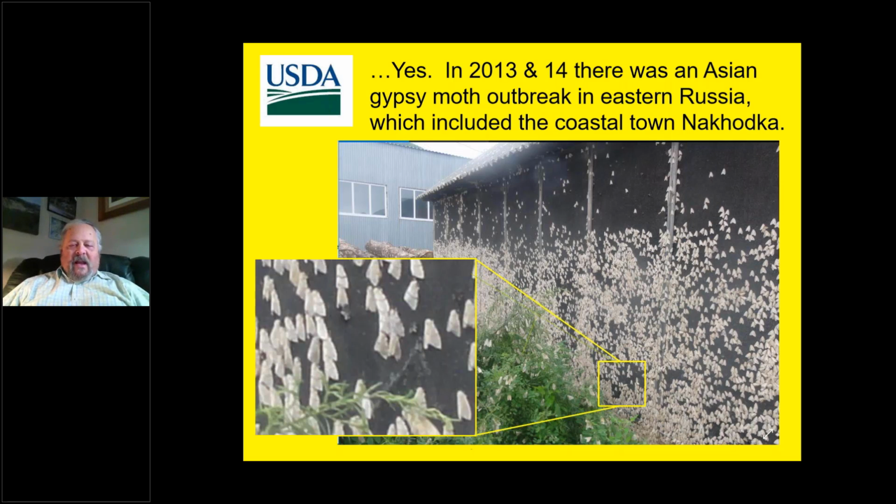And of course, there was an Asian gypsy moth outbreak happening. And so, understandably, I guess, the risk for Asian gypsy moth laying eggs on the ships and cargo increased.